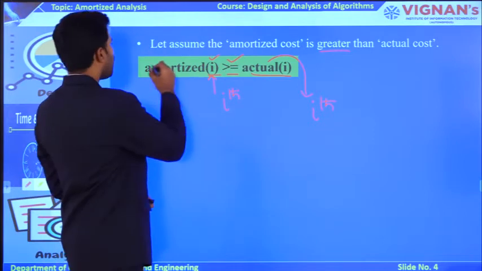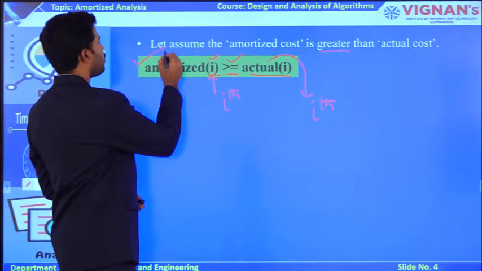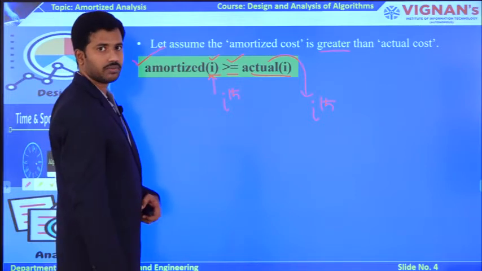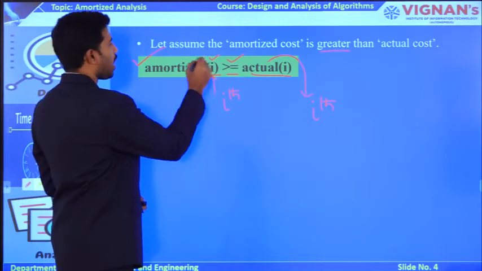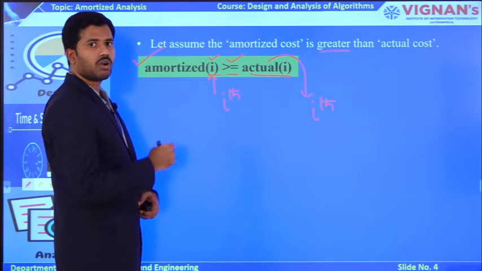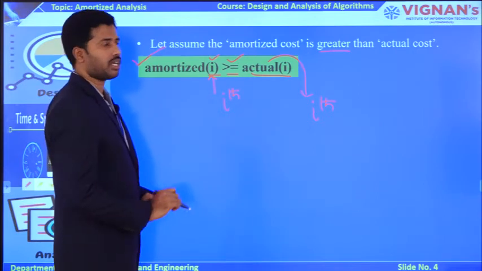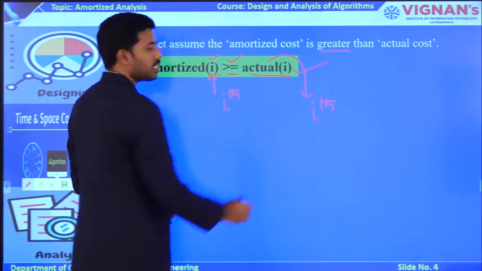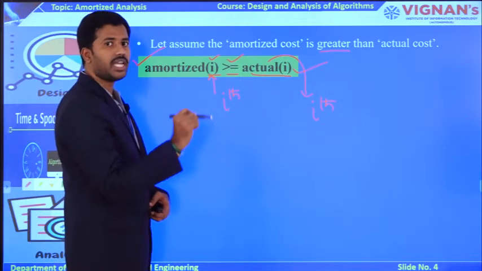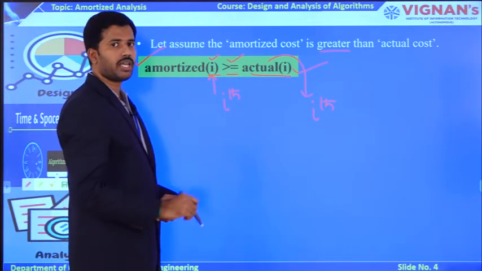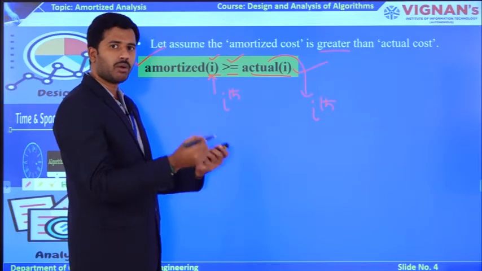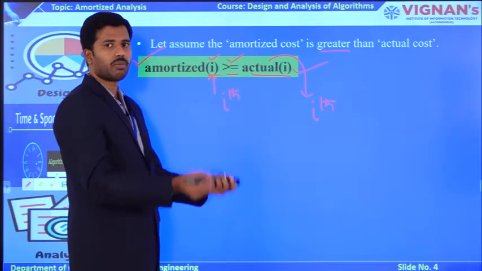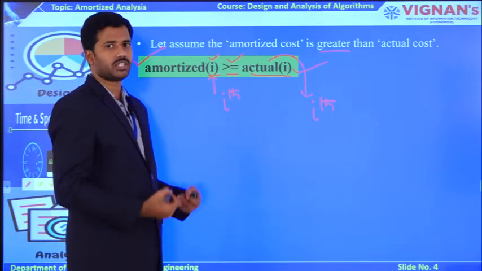So try to understand the meaning of this mathematical equation. Amortized of I means the amortized cost for the ith operation. Actual of I means the actual cost for the ith operation. Now can you tell me how many operations or instructions your algorithm has? N number of instructions.